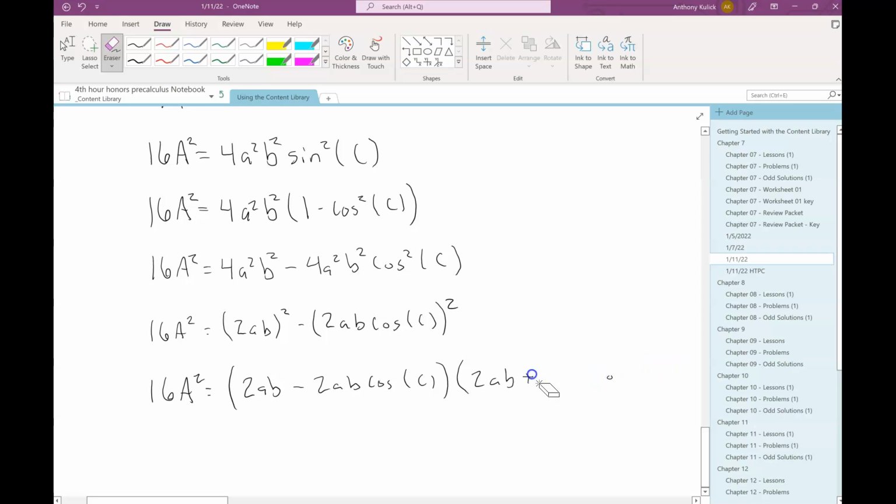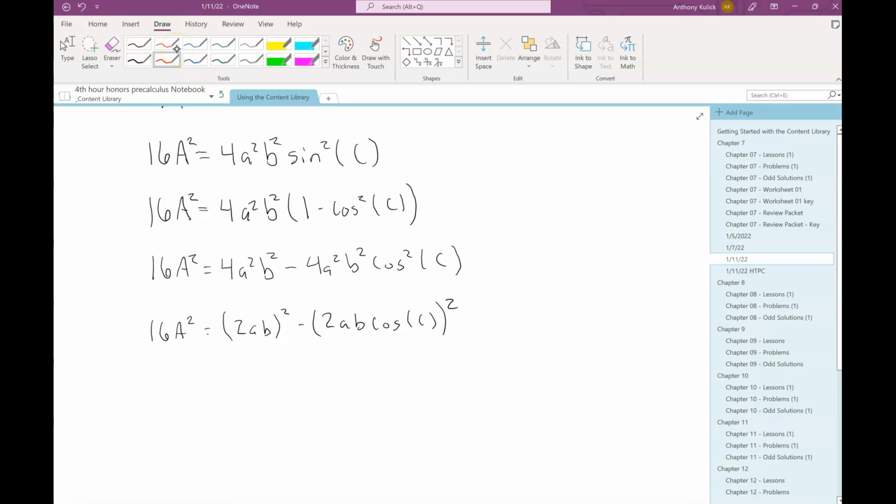Oh, oops. Hold on. I don't want to do that factoring yet. I lied. Shoot. I was trying to do it without looking at my notes, and I missed this piece. All right, here's the next piece. Does that look familiar? 2ab times cosine c.